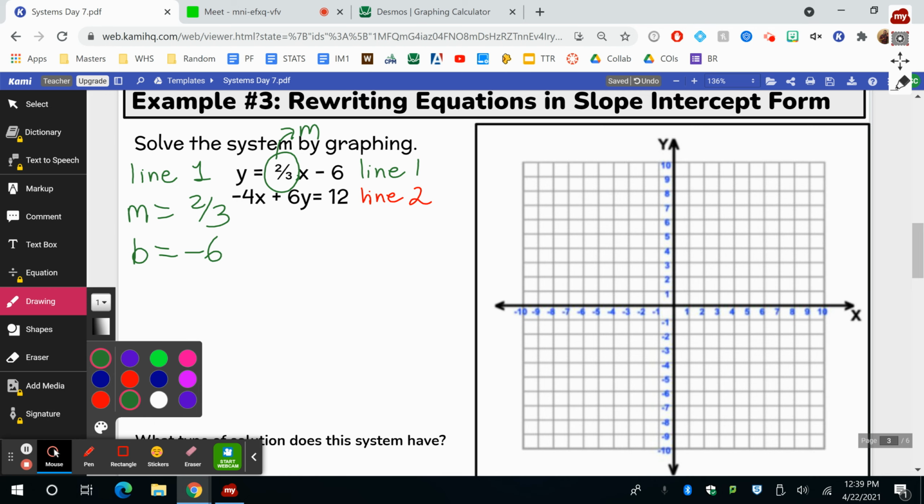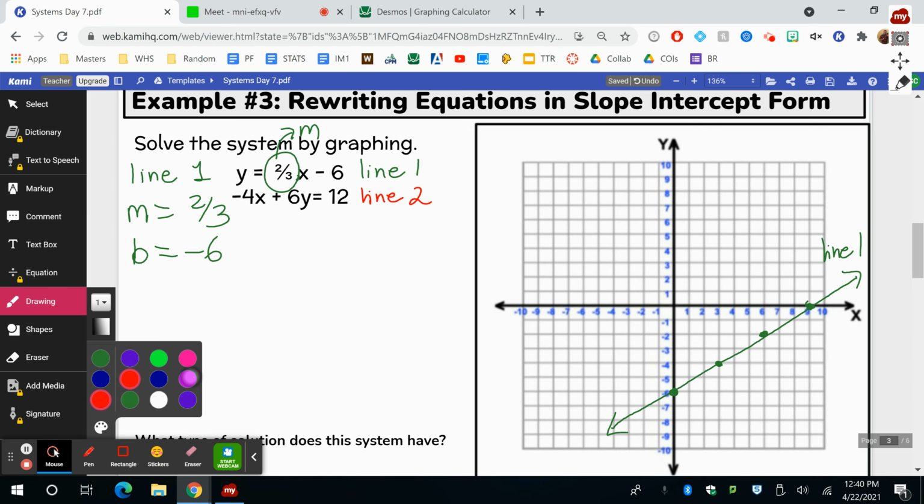My y-intercept is negative 6, so on the y, I'm going to go down here. And then I'm going to go up 2 over 3. Again, up 2 over 3. Up 2 over 3. So that's line 1.